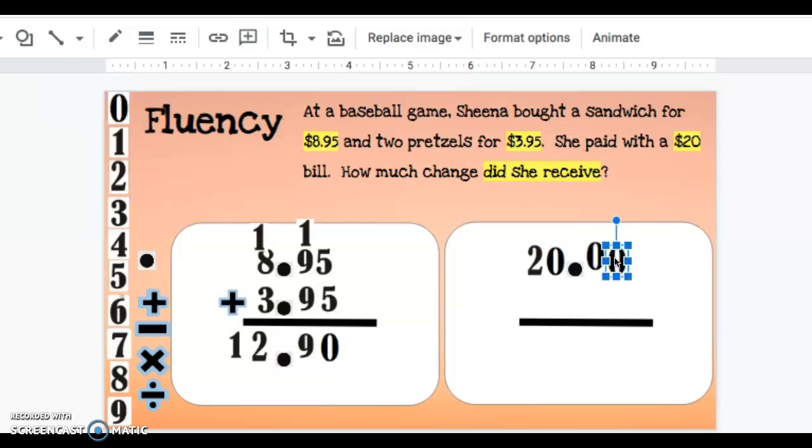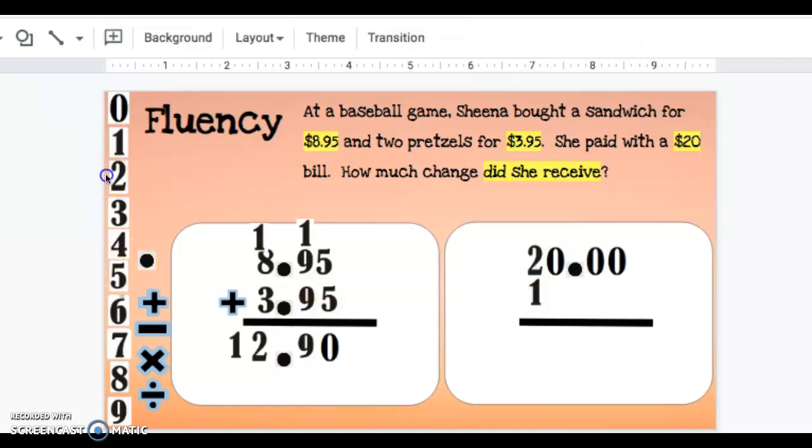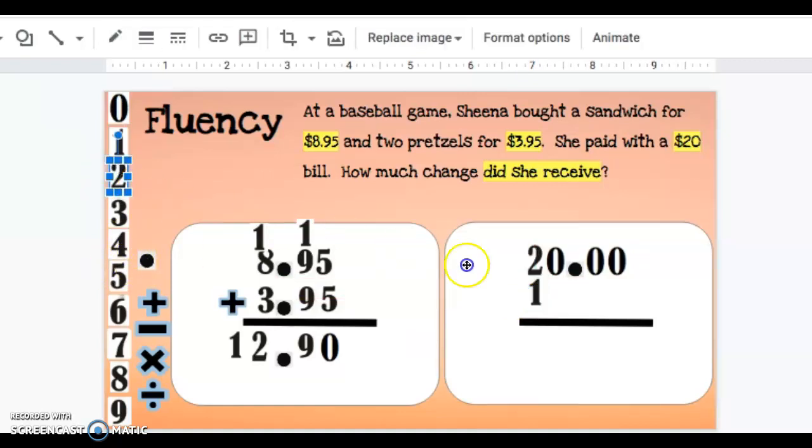So now that I have my $20, I'm now going to need to put $12.90 and subtract it from the $20. So the 1 is in the 10 spot. The 2 is in the 1 spot.